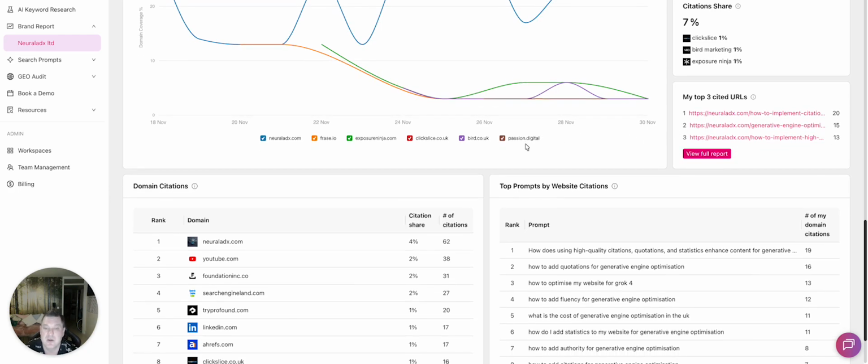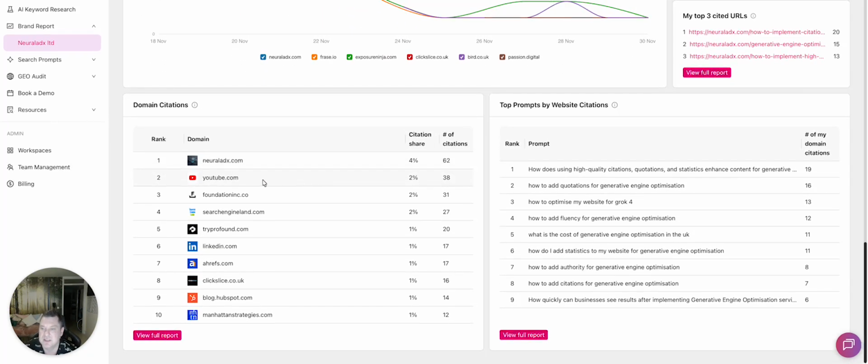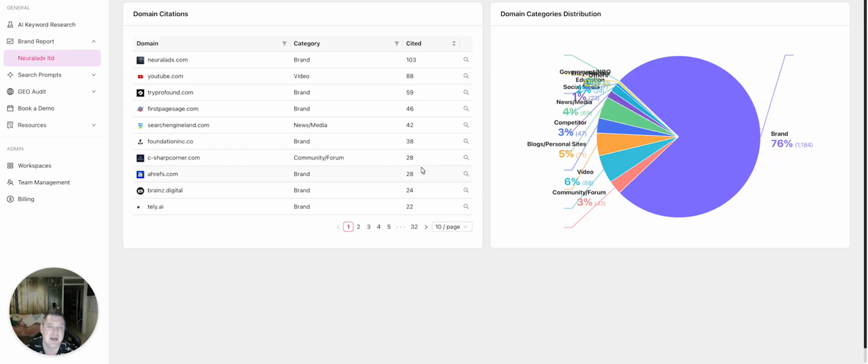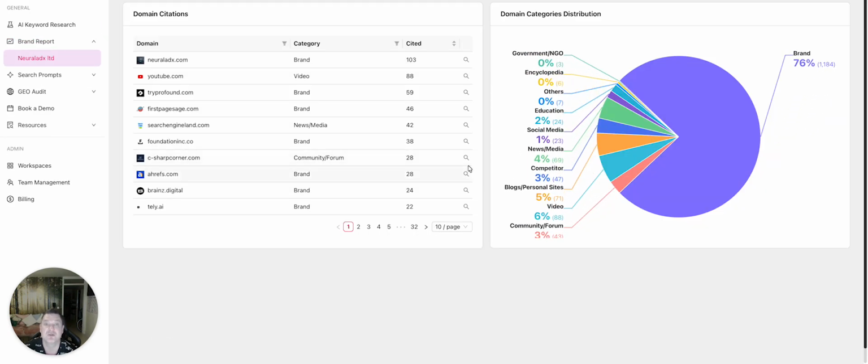Okay. Now, if we scroll further down, you can see here it has domain citations ranking from 1 to 10. And once again, you can see here Neuraladx, we are number 1 with a total citations of 62, and that's 4% of the market share in that regard. You can get a full report here, which also breaks down for you where the citations are deriving from.